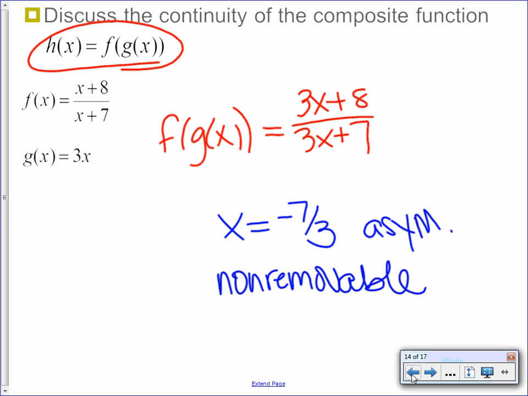If we were composing the other way? Yeah. So we'd still compose, so we would have 3 times x plus 8 over x plus 7. So now our discontinuity would be at -7. Okay, excellent.